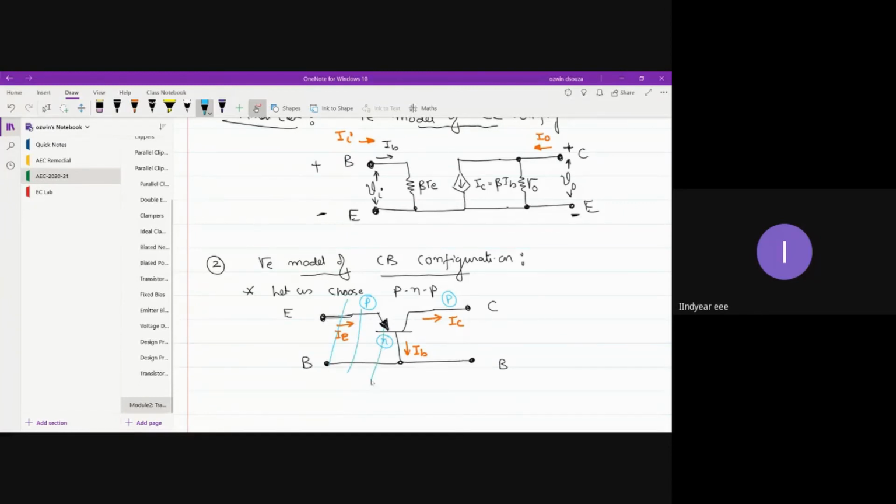Now let us observe what you have on the input side. Once again, on the input side, let me shade the region. You have a PN junction, right?